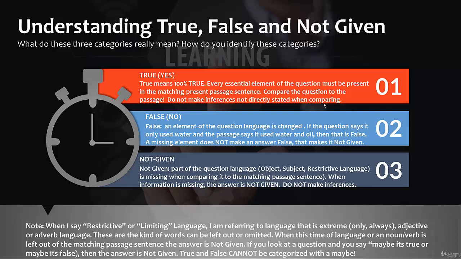Some part of the question language, the object, the subject, some type of restrictive language like only or always is missing when you're comparing it to the matching passage sentence. When information is missing, the answer is not given. Some people get confused between false and not given. False is when something is changed or different. Not given is where something is missing.